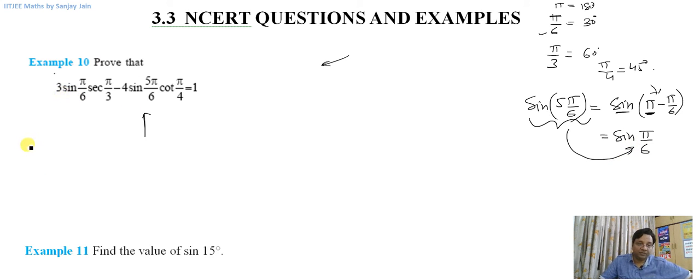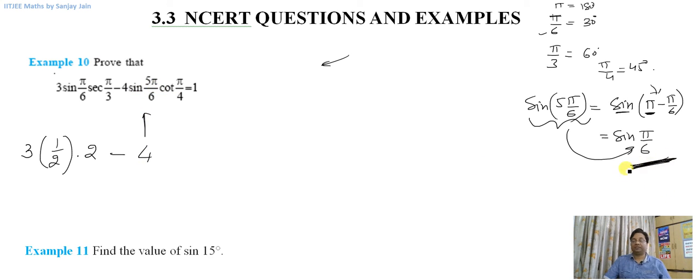So sine 5 pi by 6 is nothing but sine pi by 6. Now tell me whether you can solve this question or not. 3 sine pi by 6, that is sine 30, which is 1 by 2, into secant pi by 3, which is secant 60, which is the reciprocal of cos 60. So cos 60 is 1 by 2, the reciprocal of it will be 2. Then minus 4 sine 5 pi by 6, which is nothing but sine pi by 6, that is sine 30, and it is equal to 1 by 2.